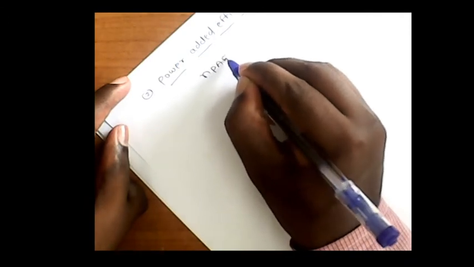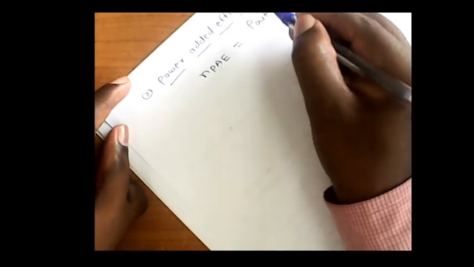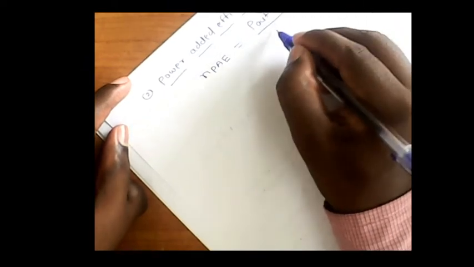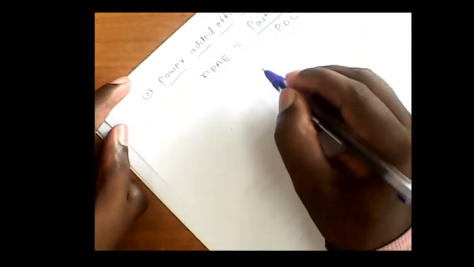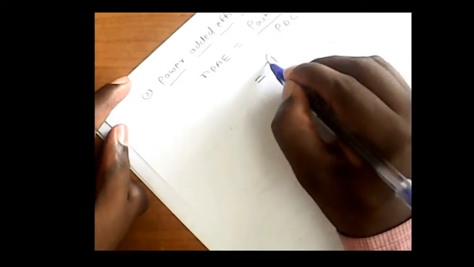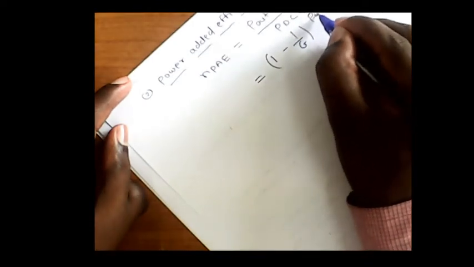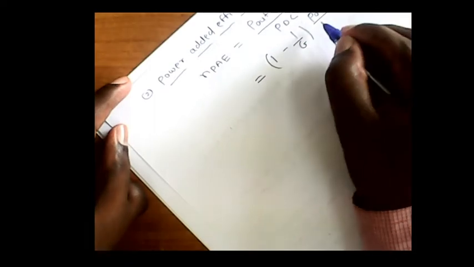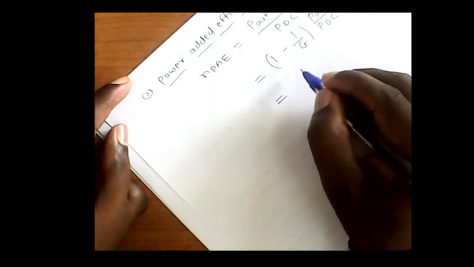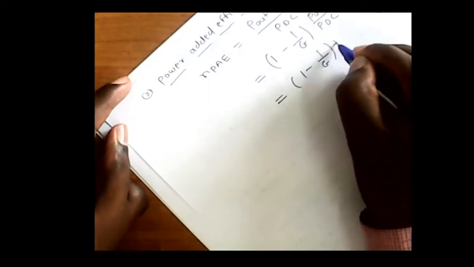Power added efficiency is (P_out minus P_in) divided by P_DC, or we can write it as (1 minus 1 upon G) into P_out divided by P_DC, or (1 minus 1 upon G) into eta.